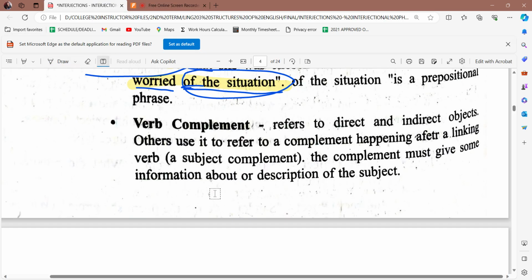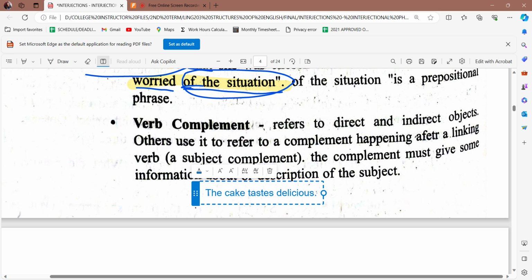Okay, let's add a text box here. All right, example, this one. The cake tastes delicious. Let's identify the verb complement. Take note again, the verb complement happens after a linking verb.